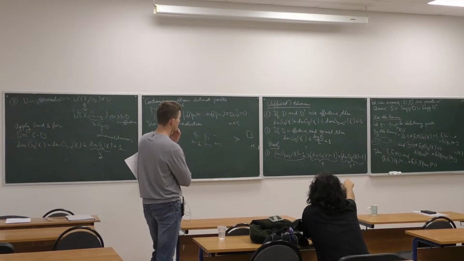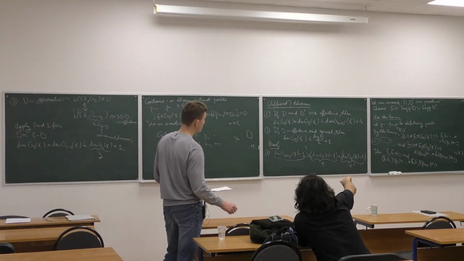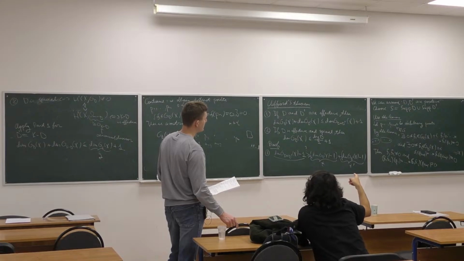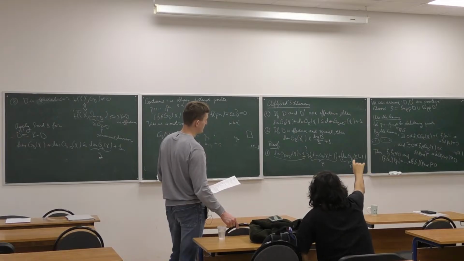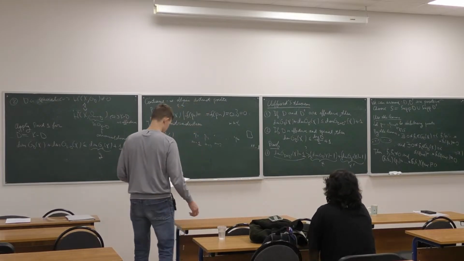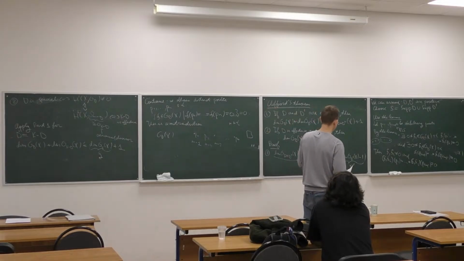Like there's a function in O_{D plus D prime}. And how do you deduce that there's F1 and F2? By the lemma, again.